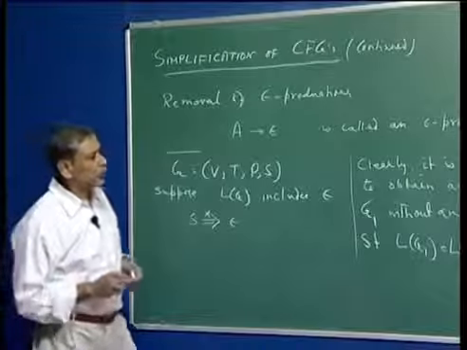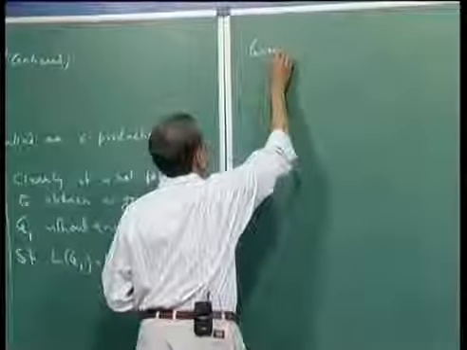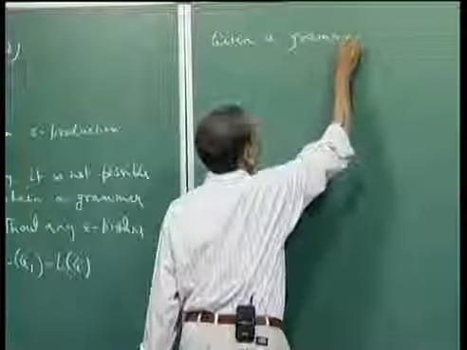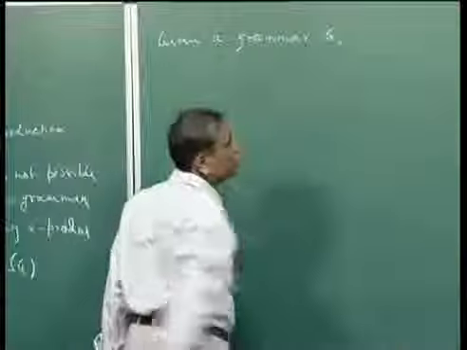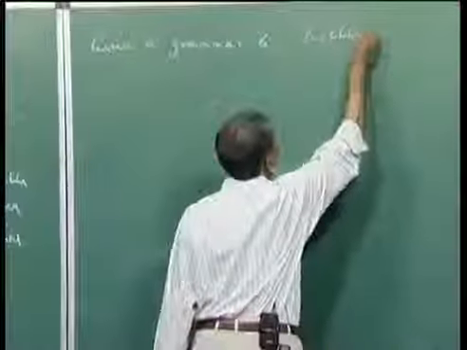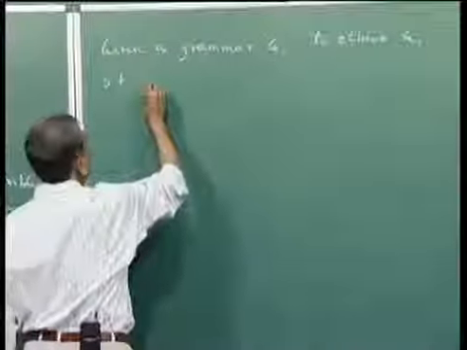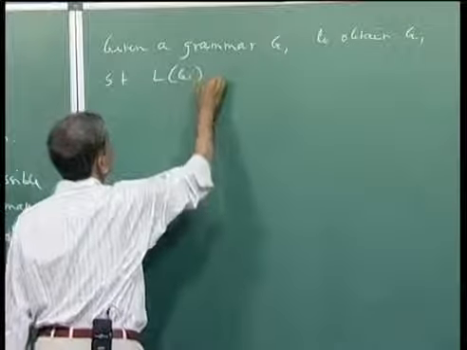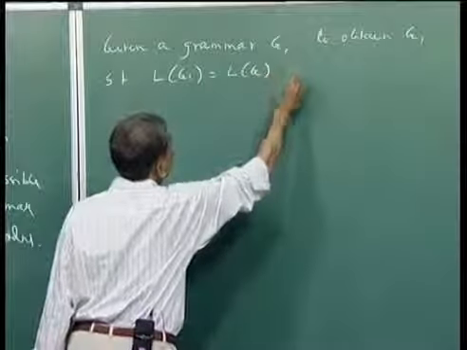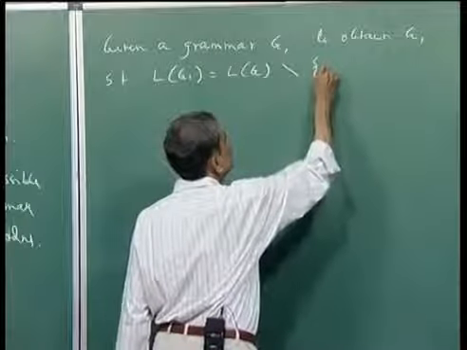So, our goal should be the following: given a grammar G, to obtain G1 such that LG1 is equal to LG without the string epsilon.